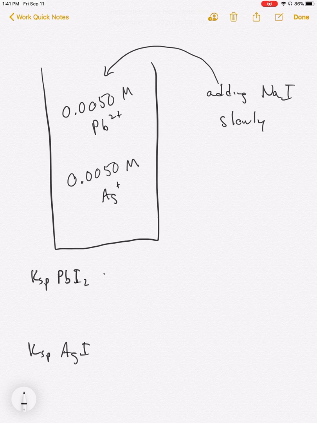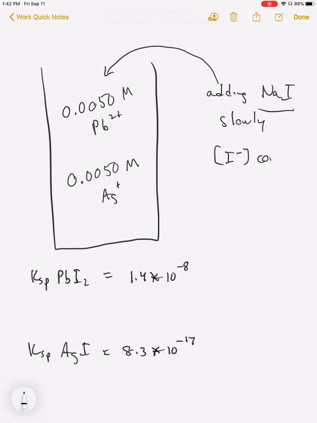We can tell that by the given KSPs, which are 1.4 times 10 to the negative 8 and 8.3 times 10 to the negative 17th. As we slowly add the sodium iodide, the I minus concentration will increase.